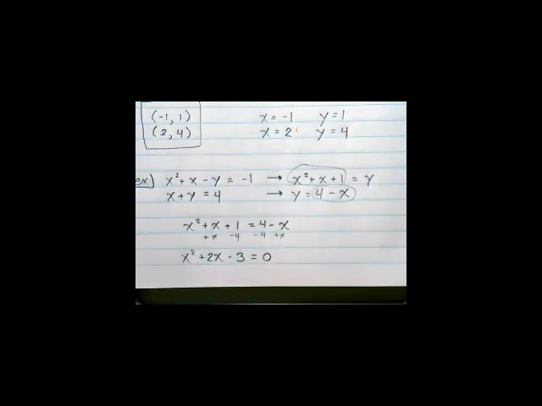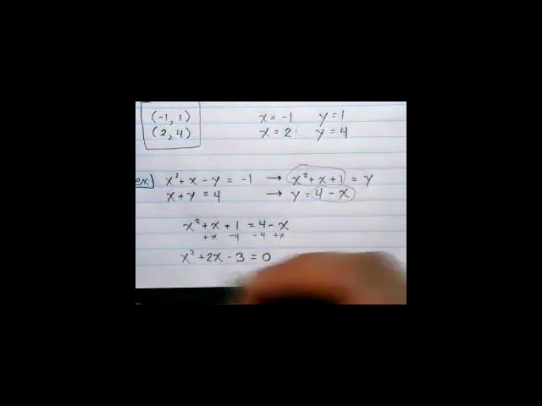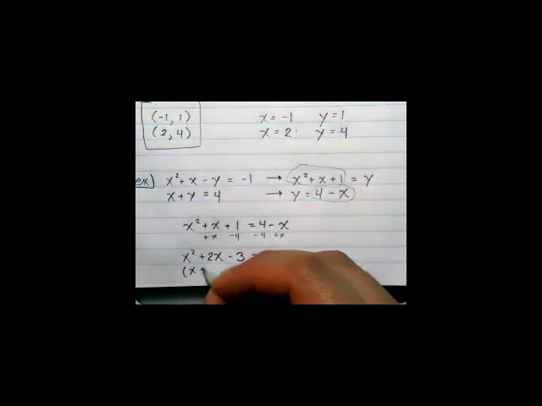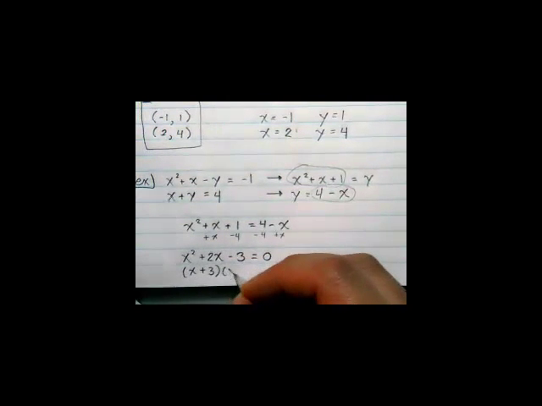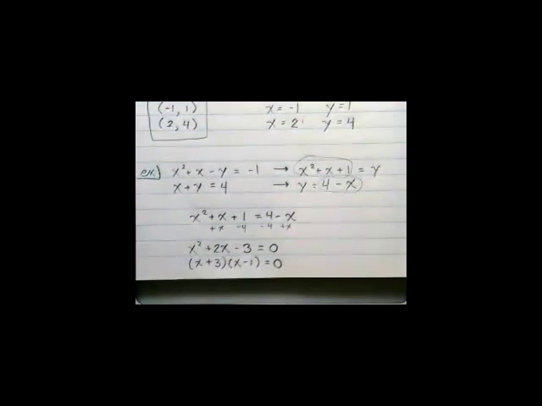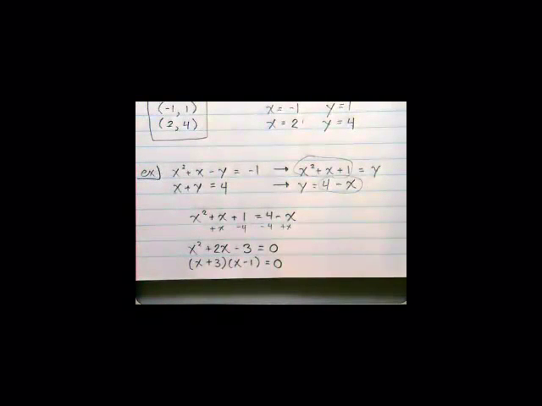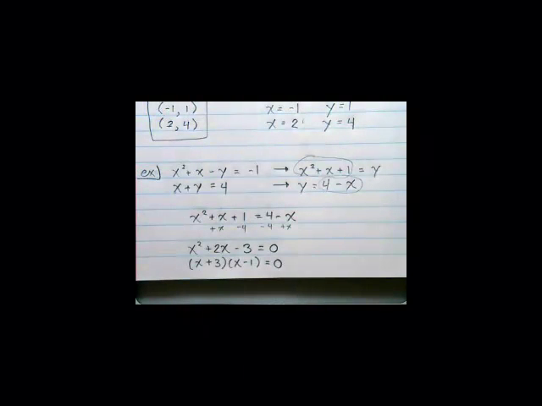So what two numbers add to 2 but multiply to negative 3? 3 and negative 1, yep. x plus 3 and x minus 1 then would be the two factors for that. So if x plus 3 times x minus 1 equals 0, what are the two solutions then?